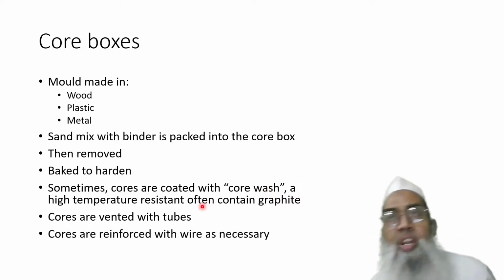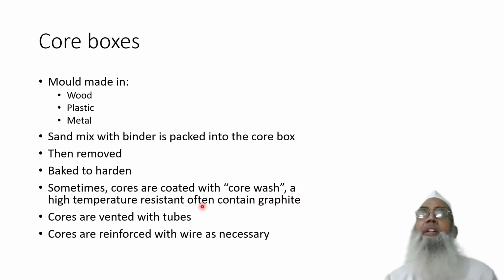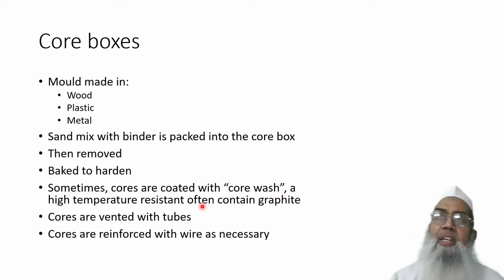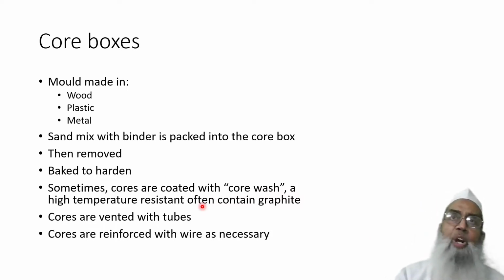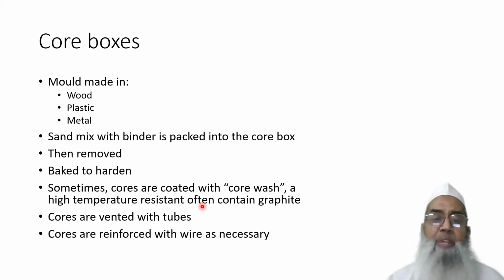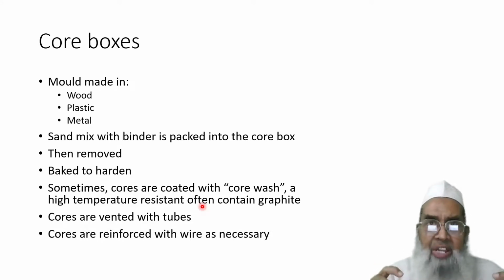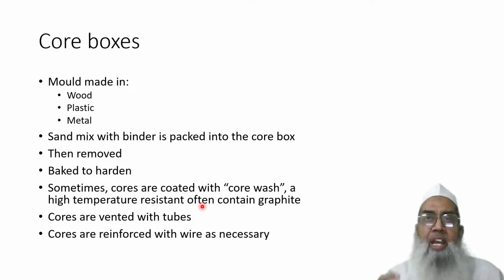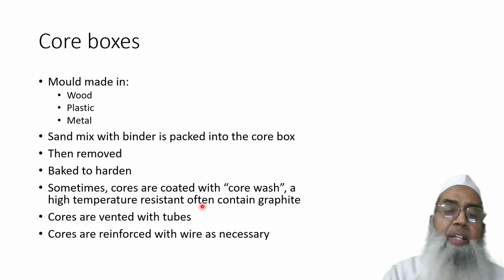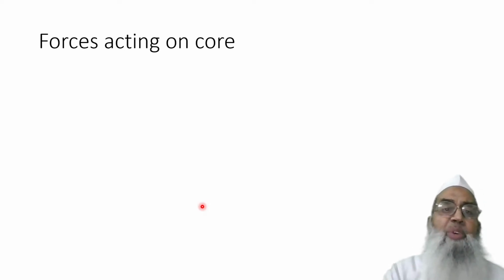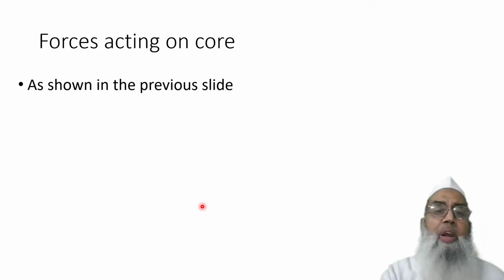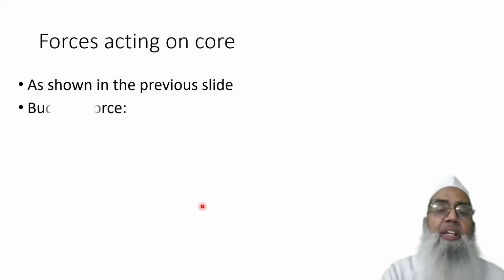If the core is not able to withstand the pressure of the molten metal, then we need reinforcement. It is to be properly reinforced or strengthened, so that it can withstand the buoyancy forces of the moving molten metal in the cavity.